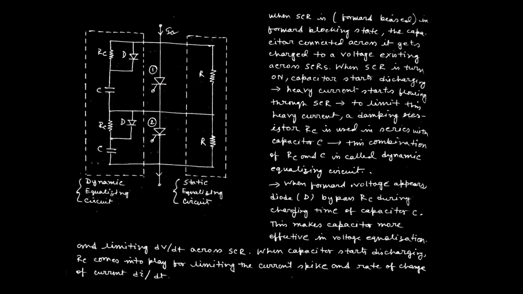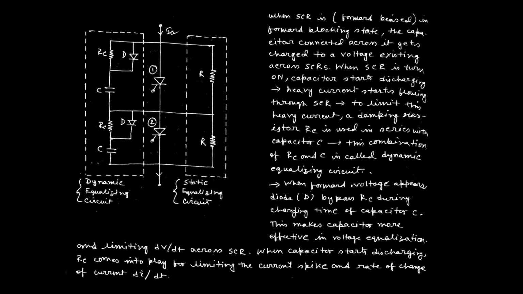Then the SCR junctions can be damaged permanently, as the capacitor discharging is very fast. To protect it, we use this resistance in the discharging path, to limit the discharging current or di/dt from the capacitor across the SCR.